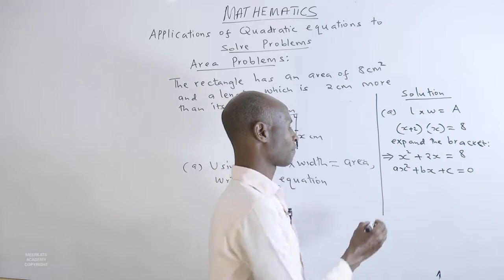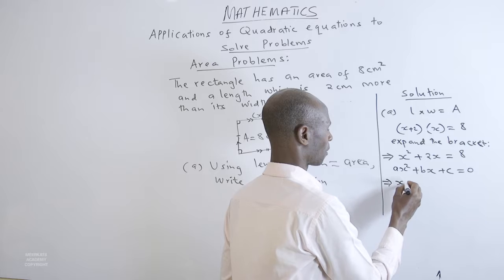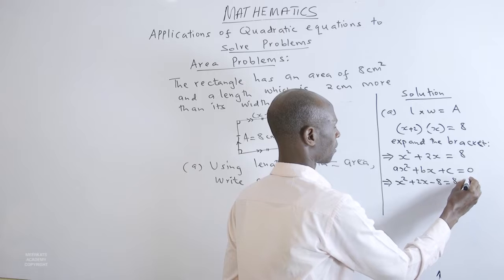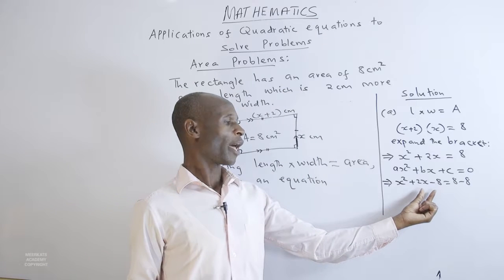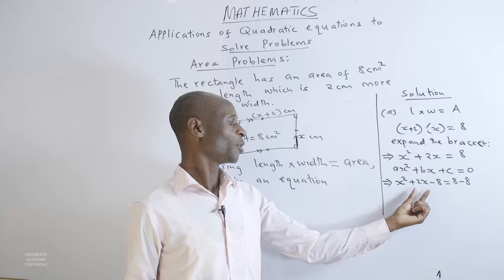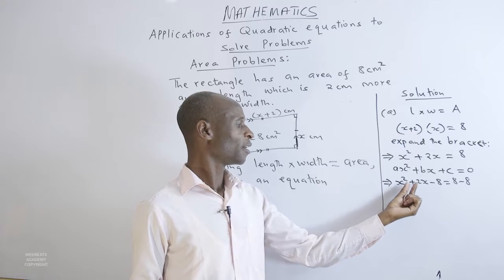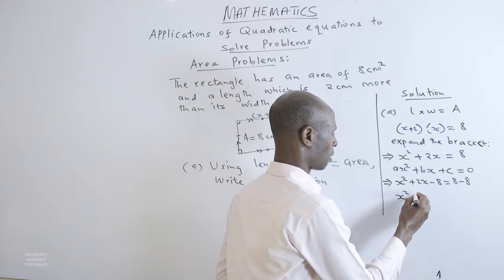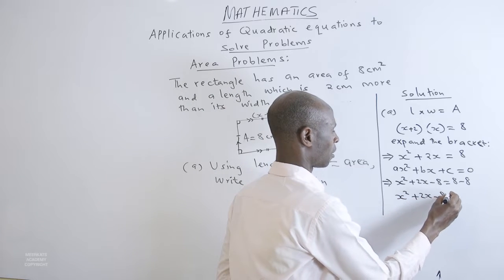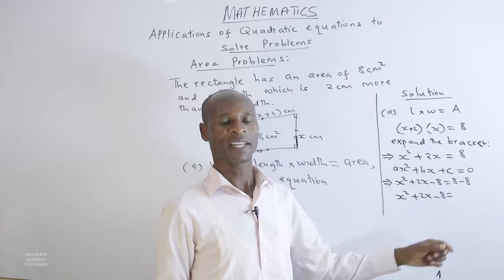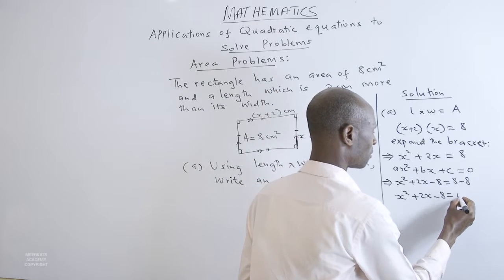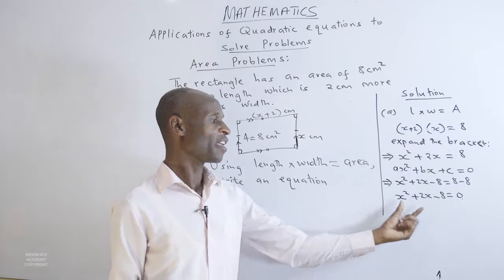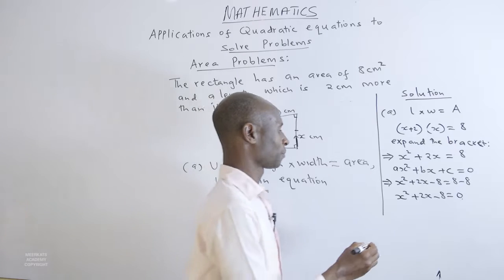So on the left-hand side, we remain with x squared plus 2x minus 8, and on the right-hand side is 8 minus 8, which is 0. And that will be the required equation.